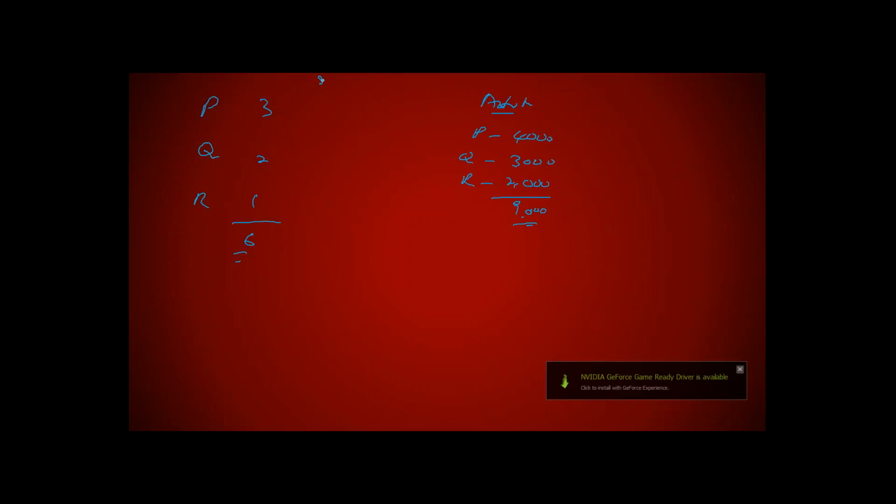If you were mixing 6, you would put 3 of P. But if you are mixing 9,000, how much of P should be there? 4,500.